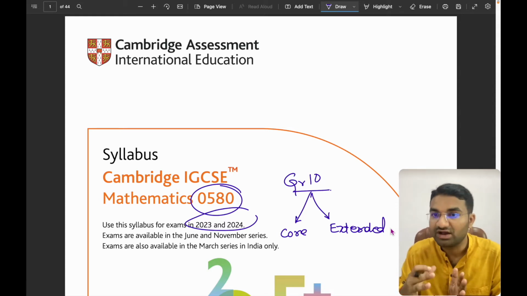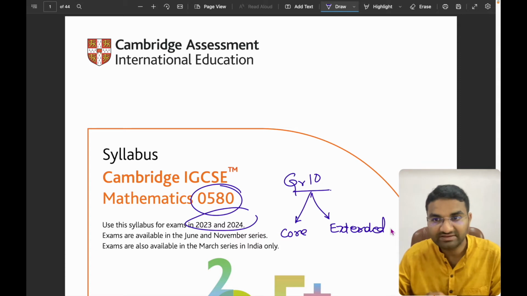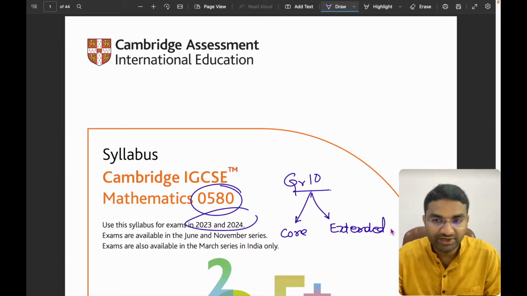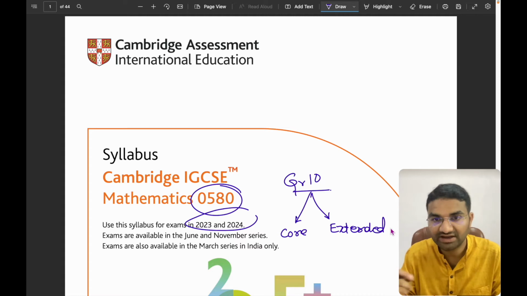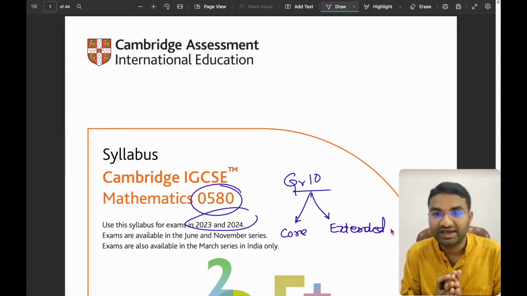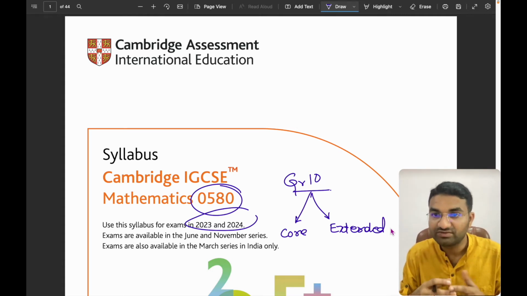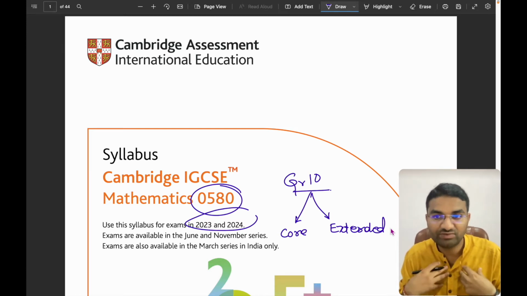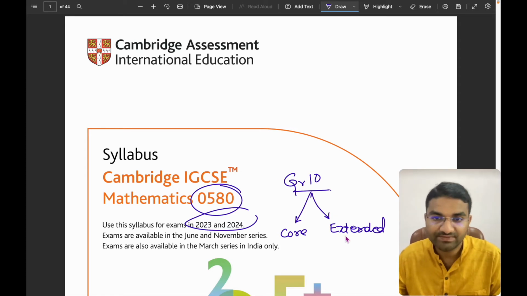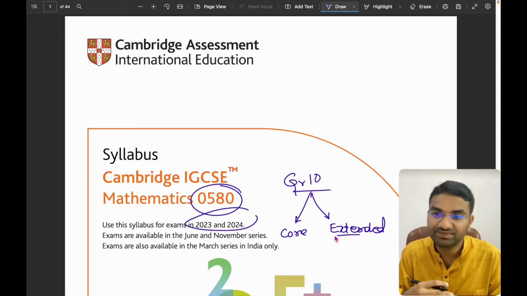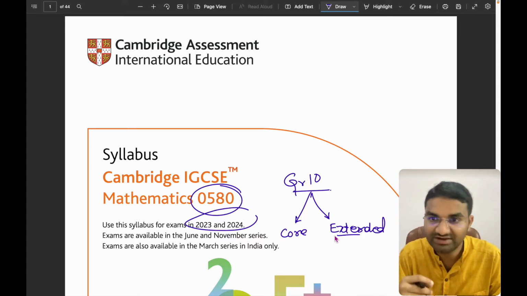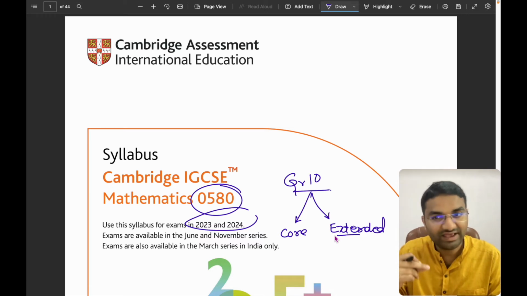If you want to pursue a career in engineering, data science and cloud computing, things like that, you need the extended syllabus, or you have to opt for it. Students and parents looking at this video, firstly understand the difference between core and extended. I would personally suggest going through the extended syllabus, because it's interesting and your child can easily get an A grade.